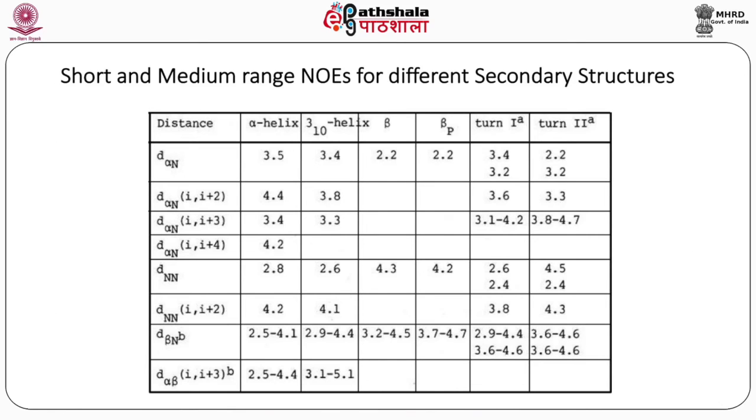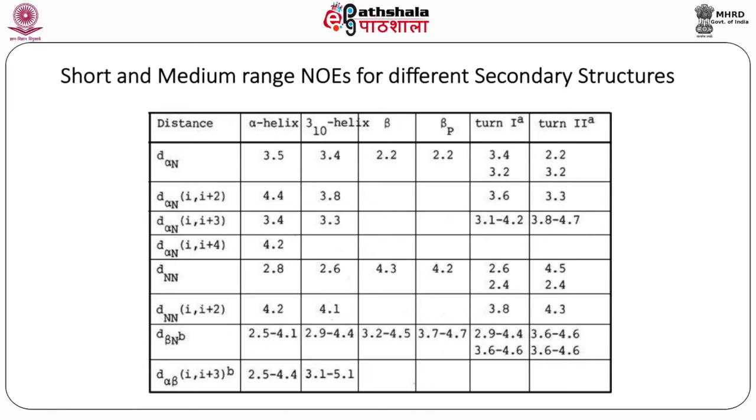The short and medium range NOEs for different secondary structures are shown in this table, shown as a figure in this slide. So, the distances are shown as d alpha N, d alpha N(i,i+2), d alpha N(i,i+3), d alpha N(i,i+4), then d NN, d NN(i,i+2), d beta N and d alpha beta(i,i+3).